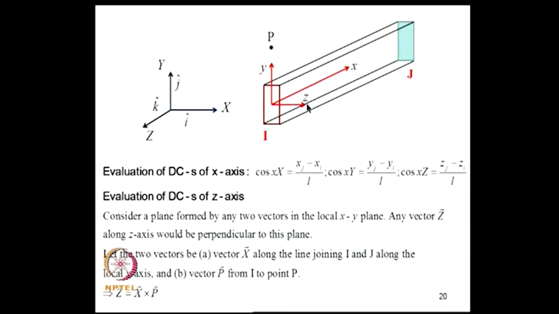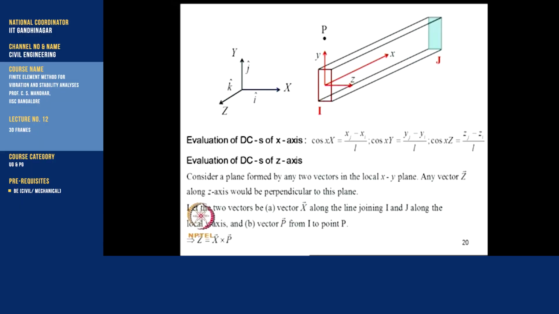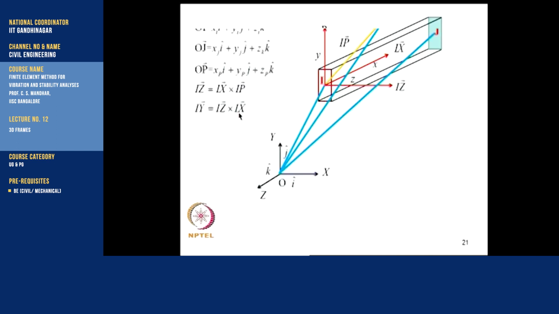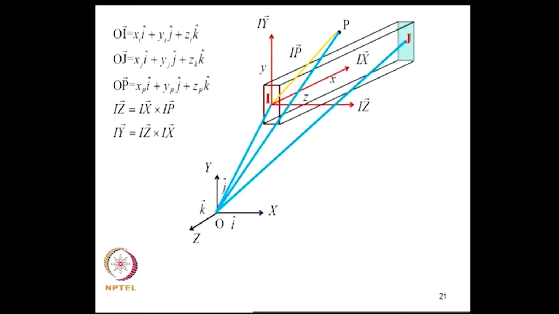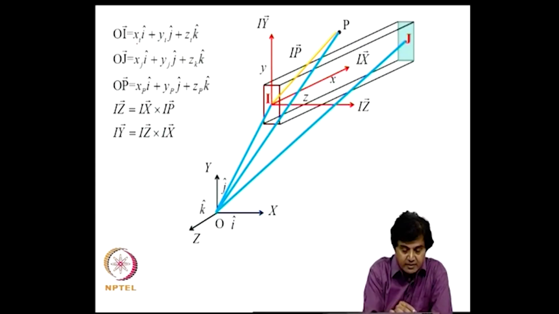What we do is consider a plane formed by a vector along the local x axis and another plane which contains the vector, say suppose this is O. We can see this sketch. Let me explain what the entities on this graph are. OI is the position vector of node I and this is given by this.